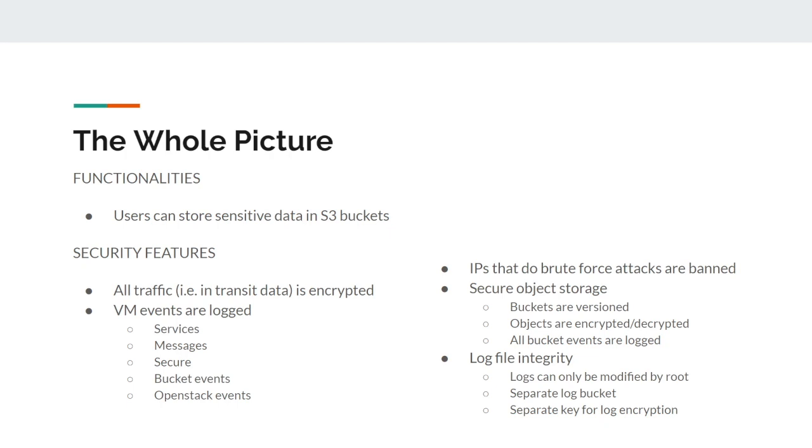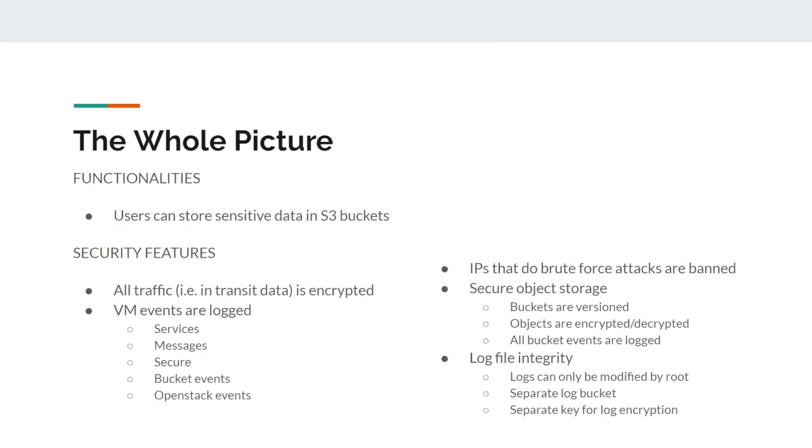So buckets are versioned and objects are encrypted and decrypted so that they're not stored locally as plain text, as mentioned earlier, and all bucket events are in fact logged. And just a reminder that all of this is done through a bunch of setup scripts that we've created that are just downloaded at the onset of a VM and run, and this whole picture will be set up automatically, which was one of the main features of our project.